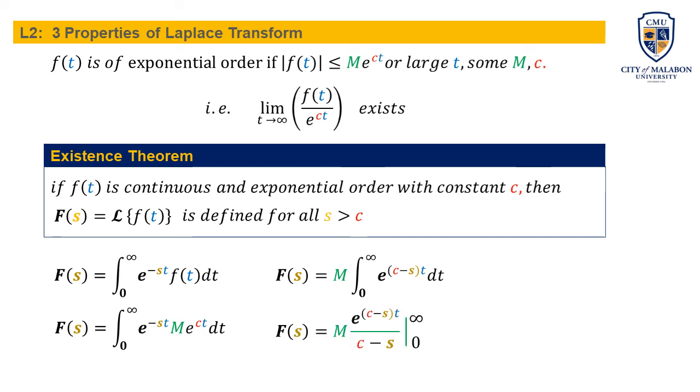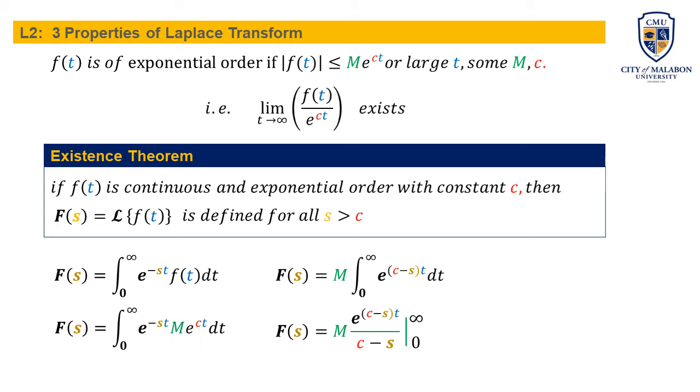When we evaluate it, this is what comes out: m times e to the quantity (c minus s)t all over c minus s. When we replace t with infinity first, and our s is less than c, what happens? It becomes e to the positive infinity because c is bigger.